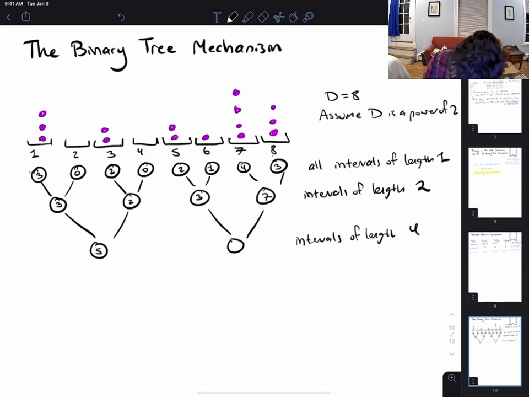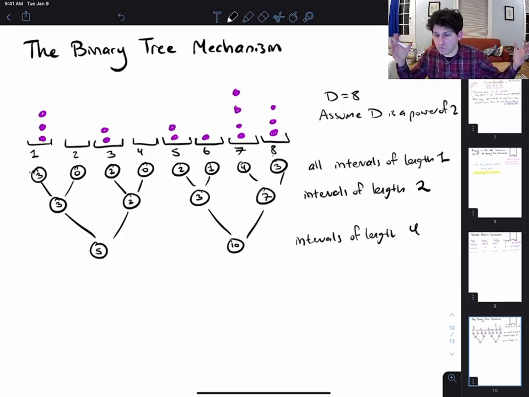Okay, so this one has answer 5, this one has answer 10. And now, if I want to get an answer to the query, how many people are between 1 and 8, I only have to sum up 2 of these queries, which is starting to look good. But of course, in general, I have to sum up d over 4 queries, which is still a lot.